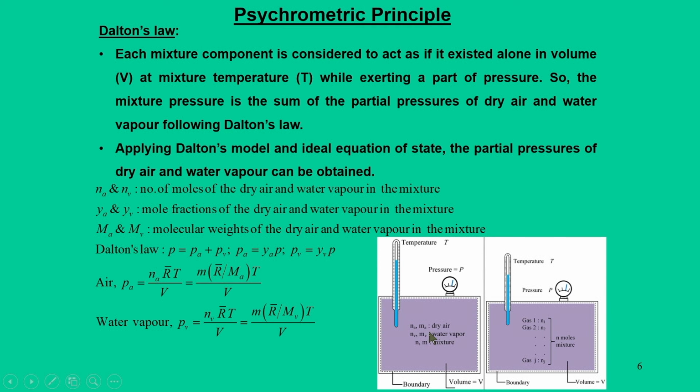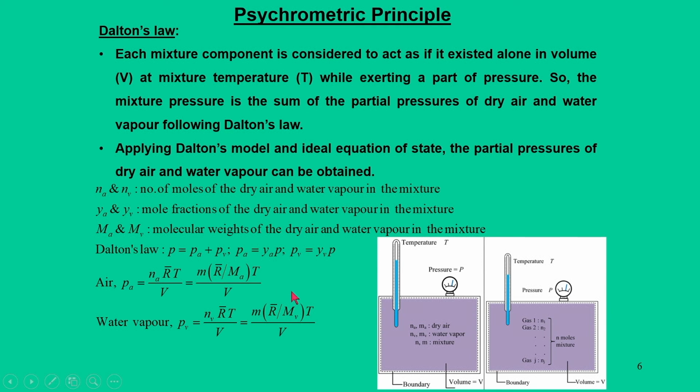So, we can say the total pressure is equal to the partial pressure of air plus the partial pressure of vapor, and this partial pressure of air we can express in the form of mole fraction YA times P, where YA is the fraction of number of moles of the mixture for the air and YV is the fraction for vapor. So, that way we can quantify this PA and PV.